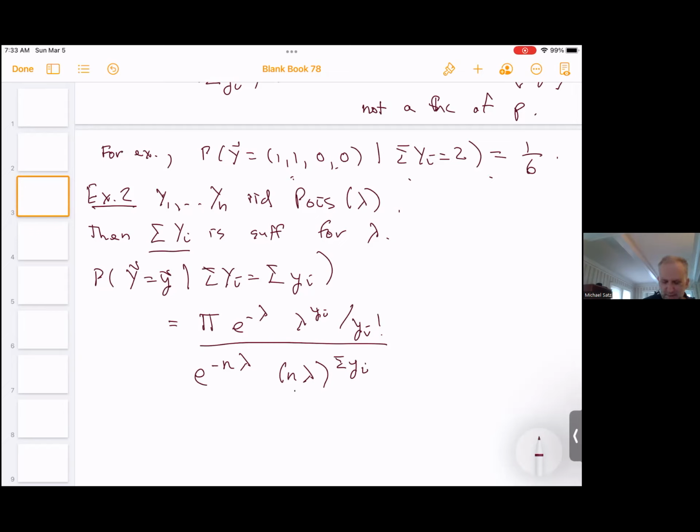So I get e to the minus n lambda, n lambda to the sum of the little yi's, divided by the sum of the little yi's factorial, right?